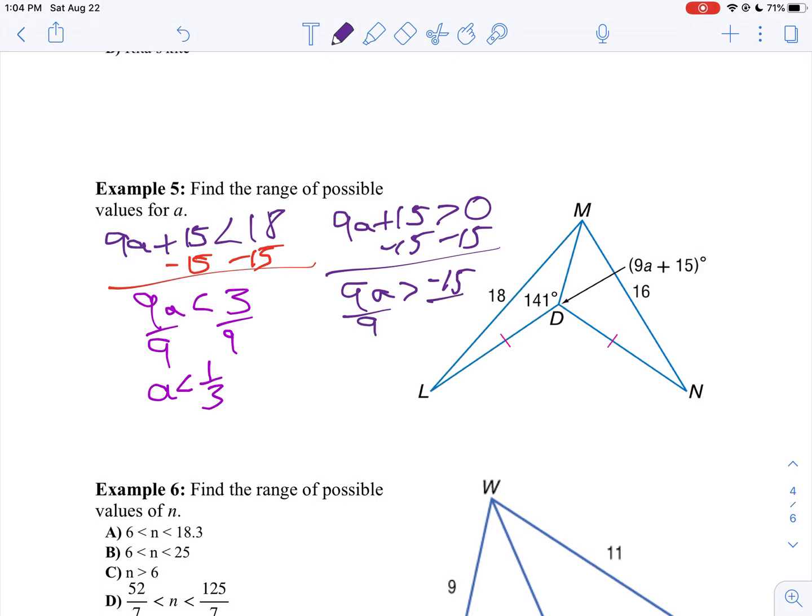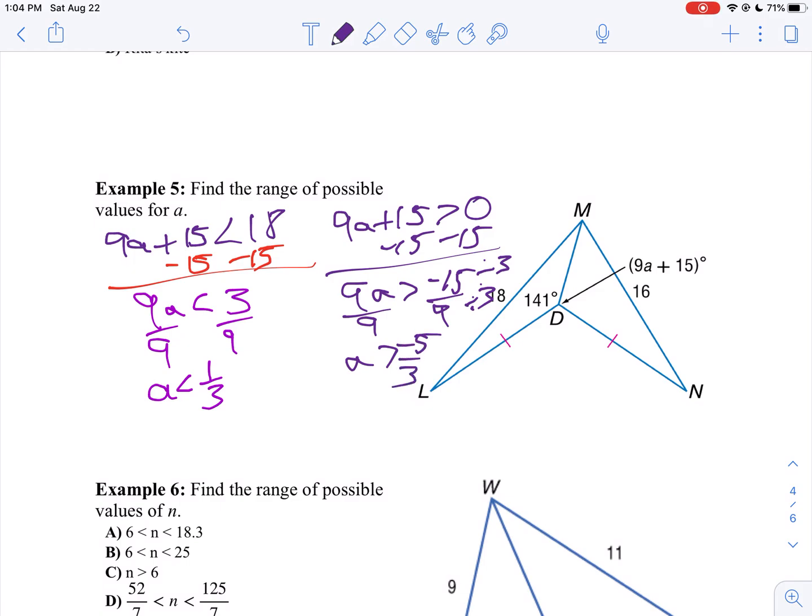So divide both sides by 9, and I'll reduce. What goes into 15 and 9? I'll divide both of these by 3, and you get negative 5/3.